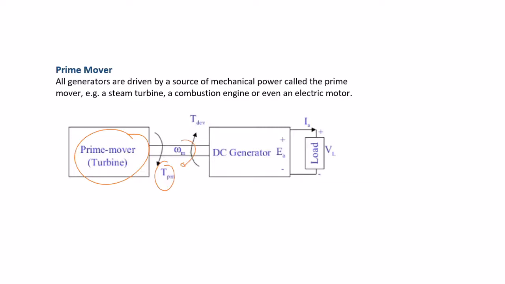So when the prime mover is rotating, the DC generator rotor will also rotate, and by this it can generate the electricity across its output that will be supplied to the load.